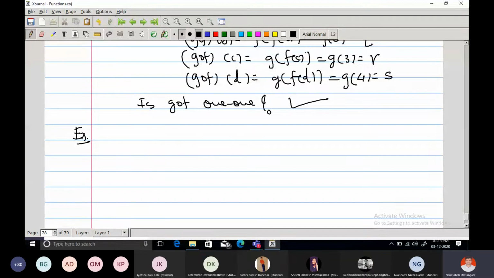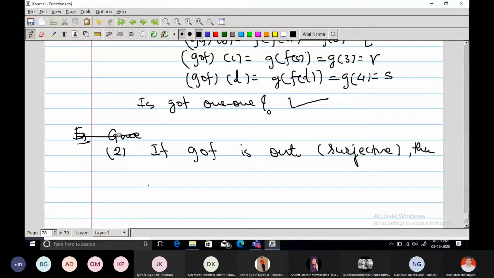What is the second point we discuss in this? If G composite F is onto, or surjective, then G is onto. We proved this last time, right?